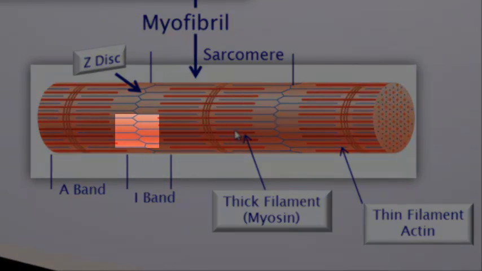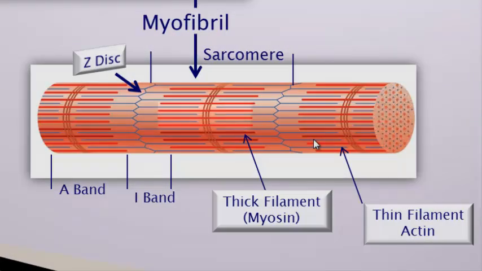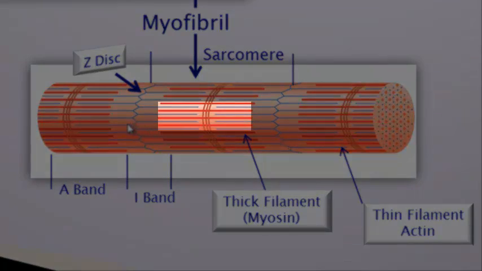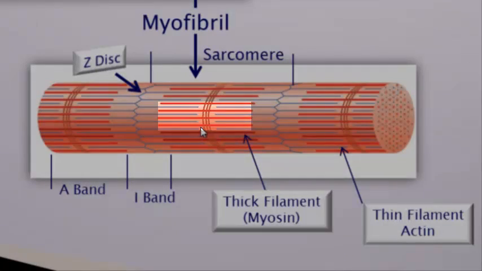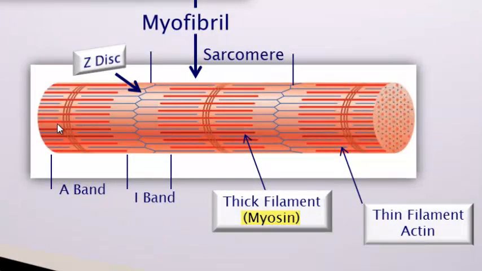Notice that the I band, the light band, only has the thin filament in it. Notice that the A band has both the thin and the thick in it. Now, what's in the thick filament? The thick filament is going to be composed of a protein known as myosin, and the thin filament is going to be a protein known as actin.